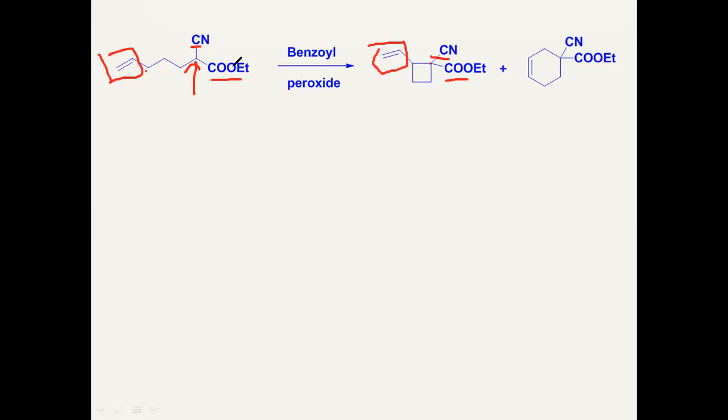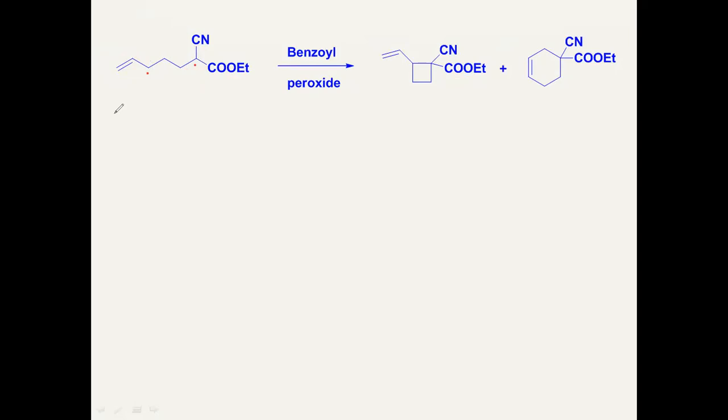So the concept is clear. First of all, this benzoyl peroxide would generate a radical here and a radical here. The question remains always: how? Why does the radical generation take place at this carbon and at this carbon? The reason is very simple.